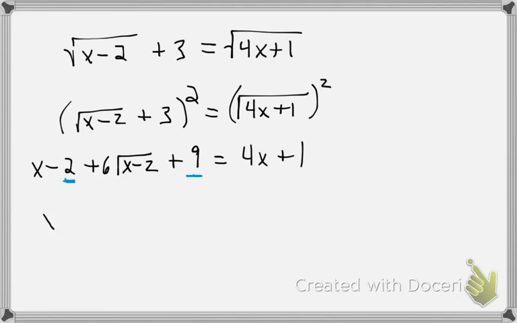So this means I've got x plus 7 plus 6 times the square root of x minus 2 equals 4x plus 1. You guys agree? Okay, so that was round 1. First target eliminated. What do we have to do now? Lather, rinse, reload.